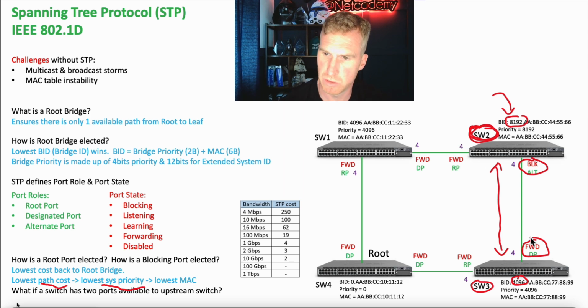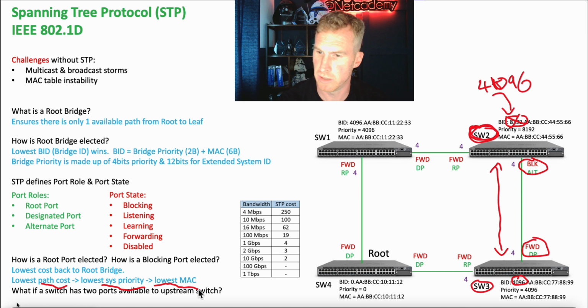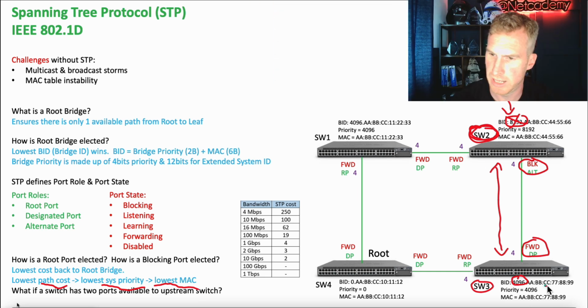What if this was also 4K? So no longer 8192, it was 4096. Well, again, next part, lower MAC address wins. So if you look at the MAC address, SW3 ends in 778899, SW2 ends in 445566. What would be the blocking port? It would be down here.